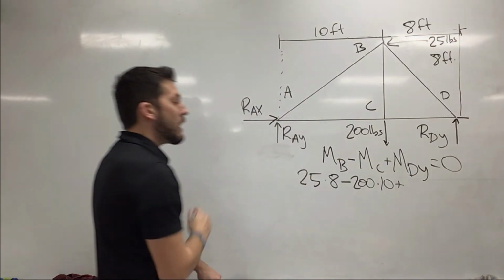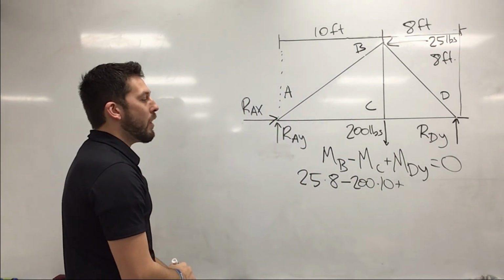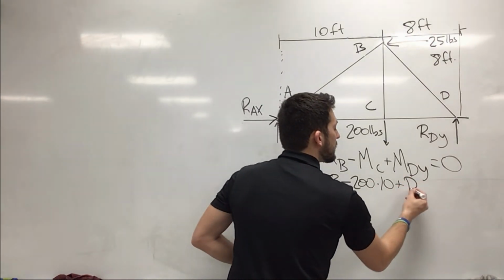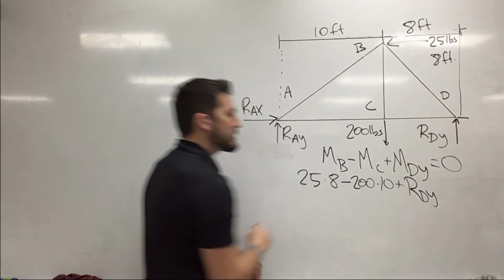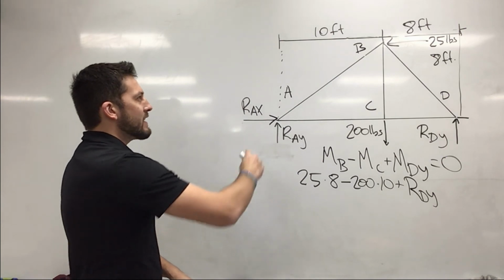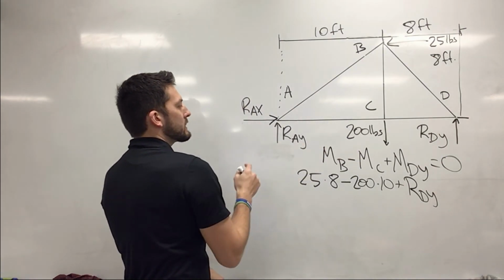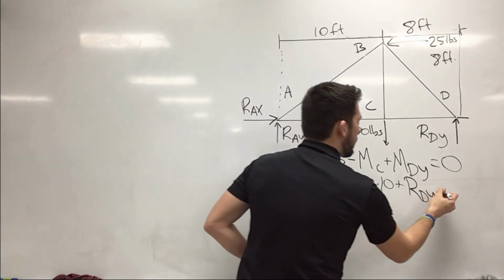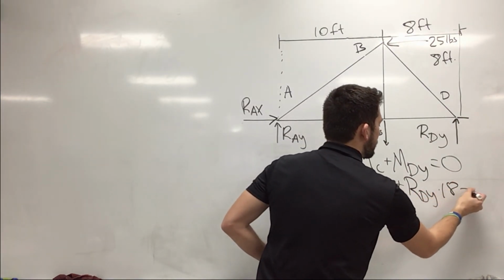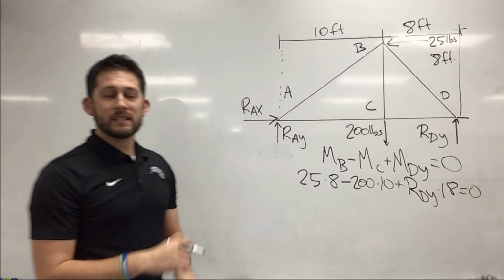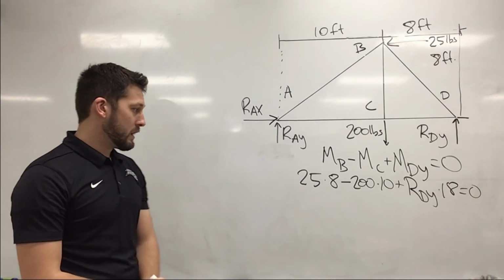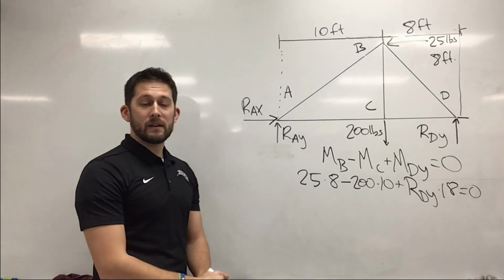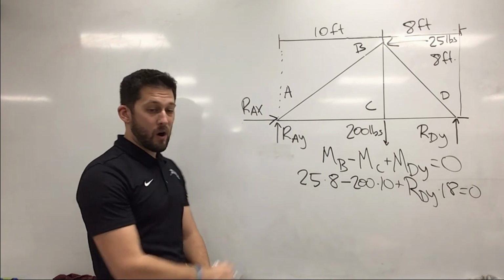For the moment around RDY, my force is RDY, which is that reaction force, and the distance away is 18 feet. And that all needs to balance out and equal 0. So from there, we can just do some math to solve for our unknown.